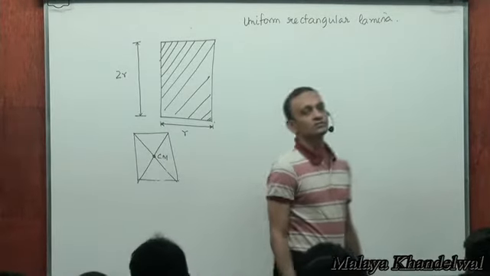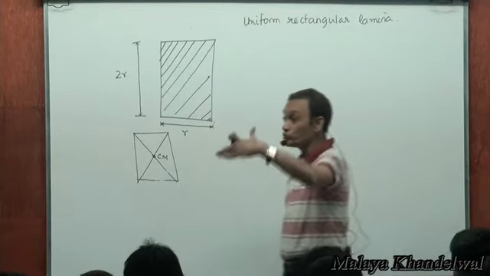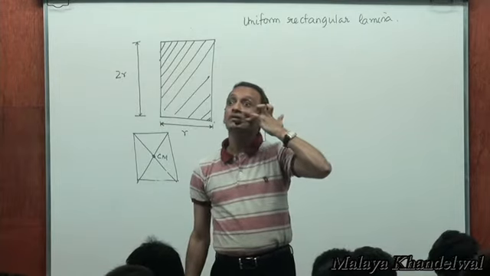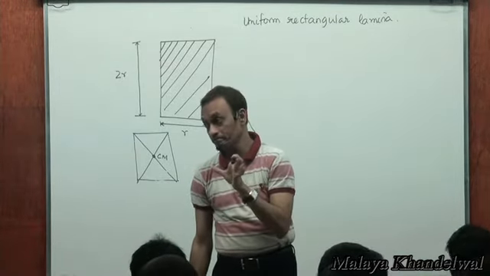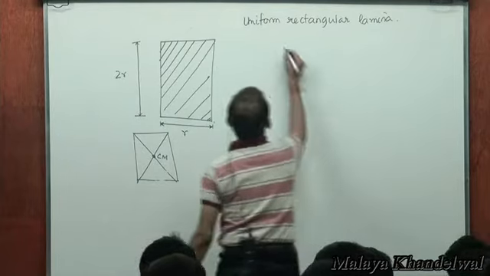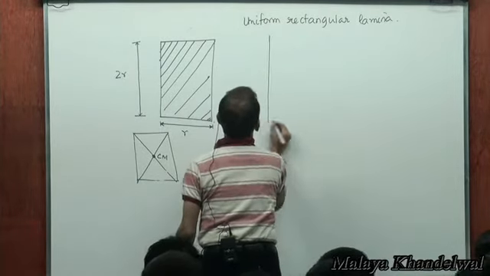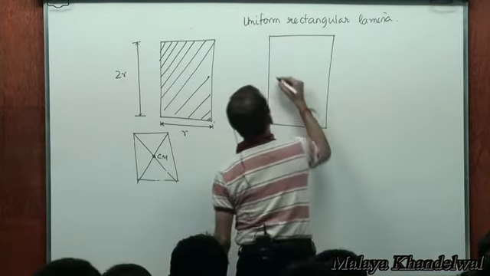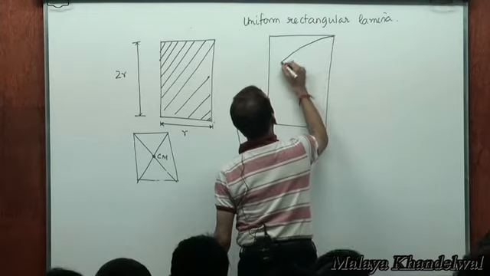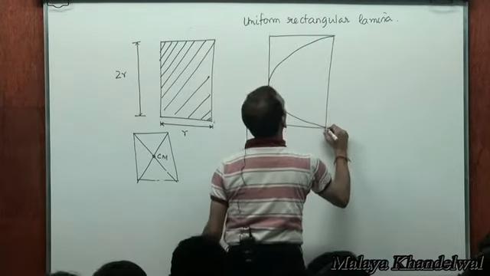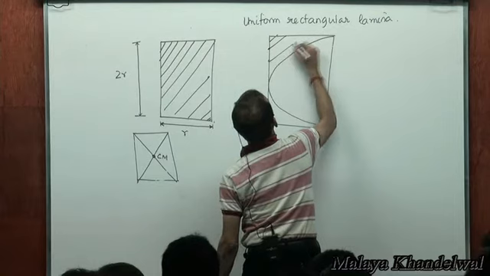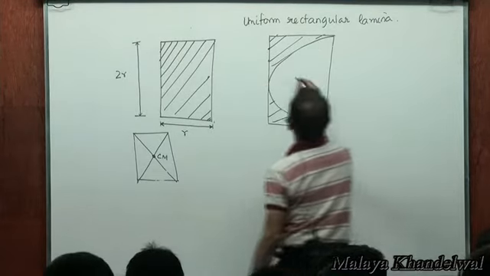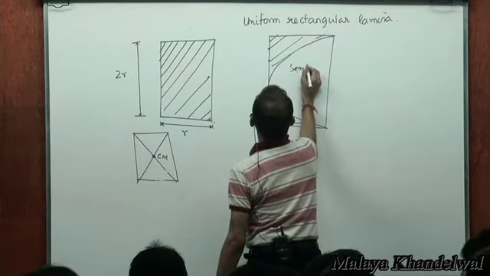Now what I do is, from this lamina, I remove a semicircular disc as follows. So that this is the leftover mass. The shaded portion is the leftover mass. This is the semicircular disc removed.